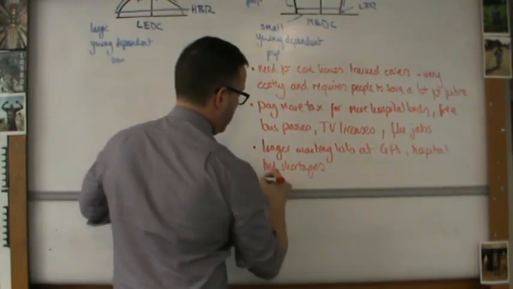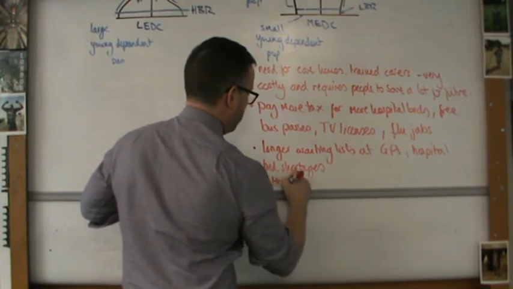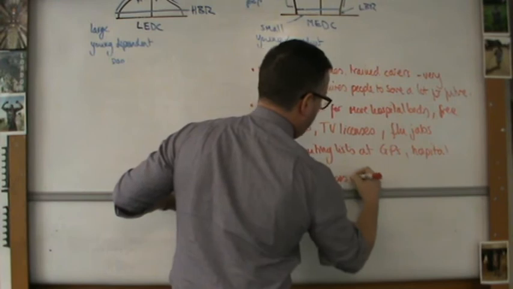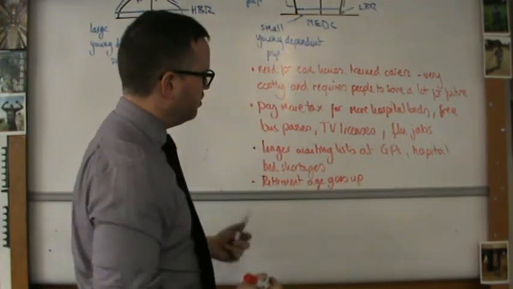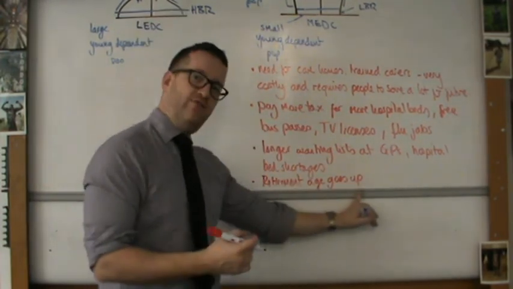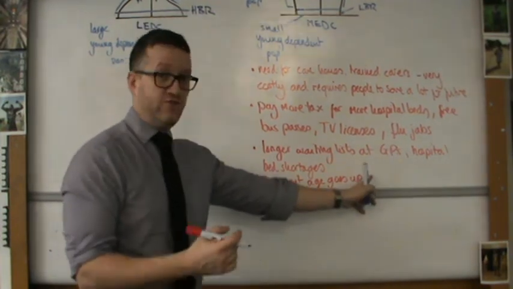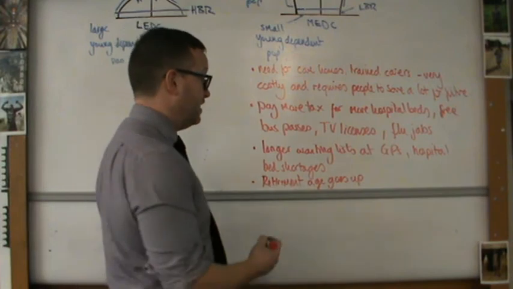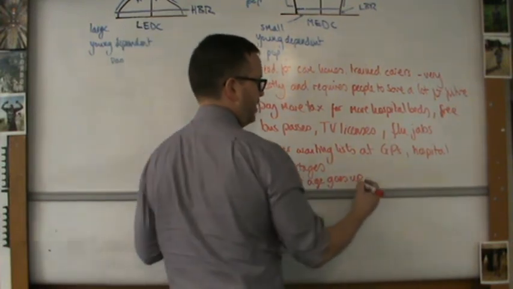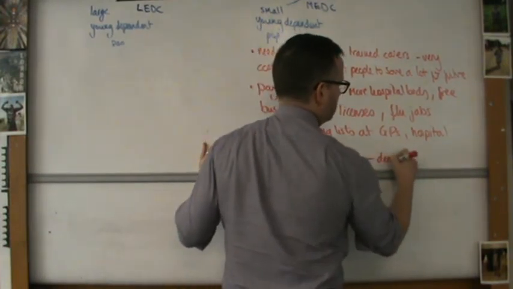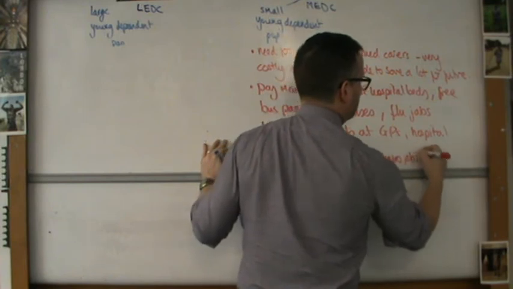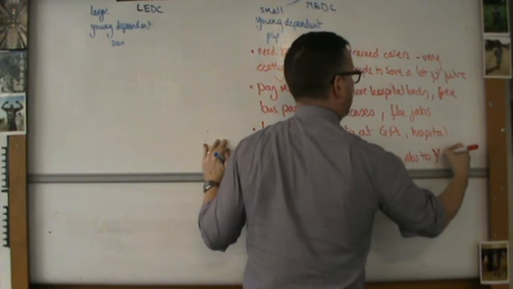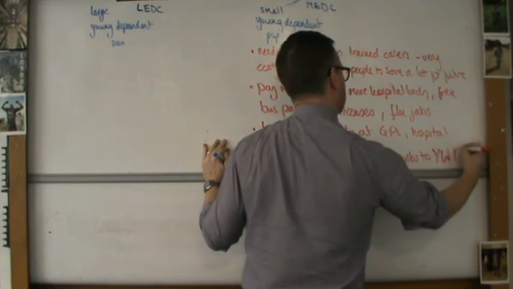So, the retirement age goes up. I know from marking your work that the weakness you have with this answer is you just stop there. Some of you just say that the retirement age goes up. Why is that a bad thing is what you need to point out. And the retirement age going up is a bad thing because it denies jobs to the younger people, which I'll just write as young workforce, YWF.